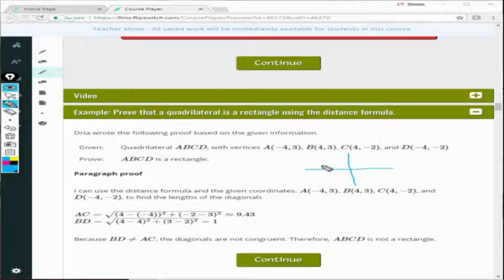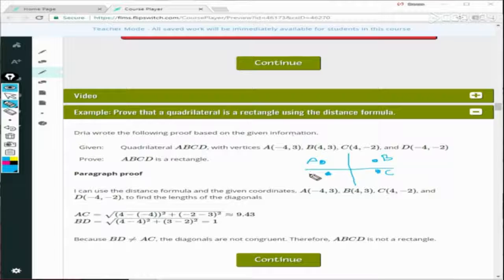So negative 4, up 3. That's A. B is at positive 4, 3, so over 4, up 3. C is at positive 4, negative 2. And D is at negative 4, negative 2.